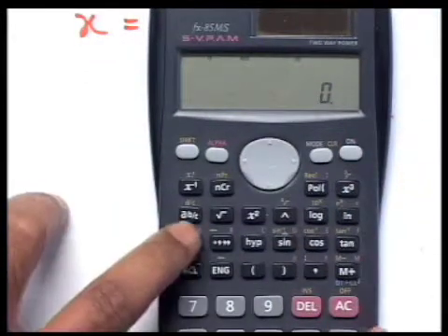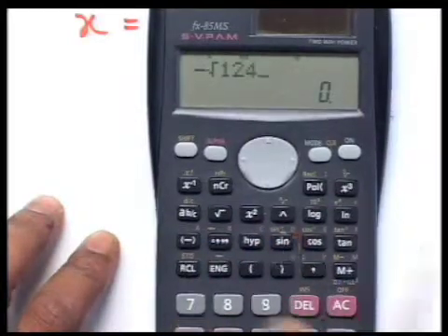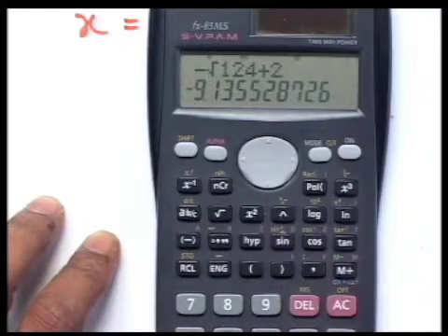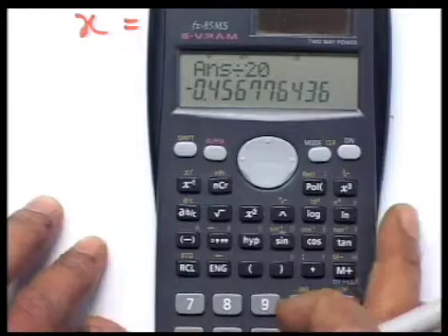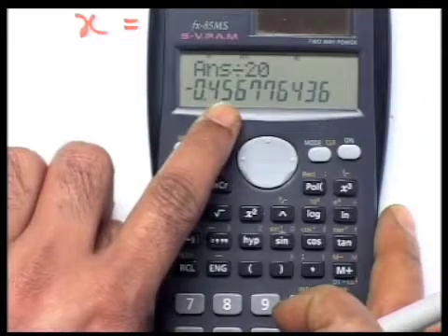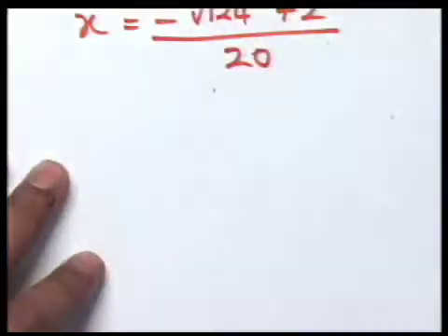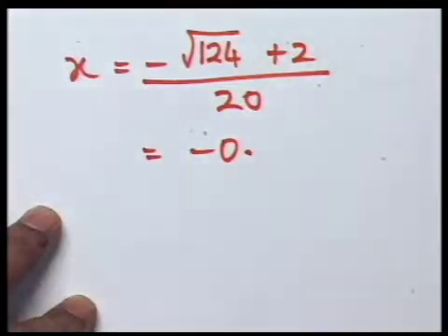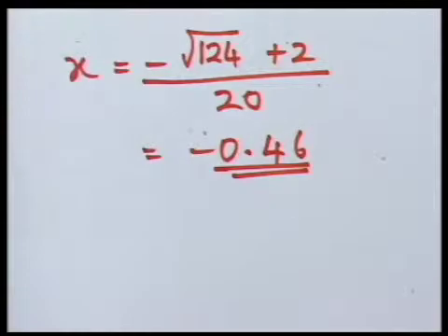Minus square root of 124. Then it's a plus 2. Then equals, we got the answer. We divide by 20, please, which will be minus 0.46. Right, 2 dp, so the value there is minus 0.46, okay? So those are the two values, right?